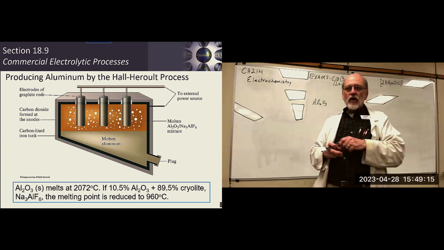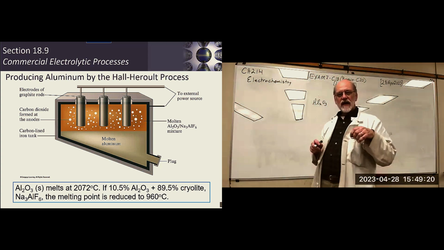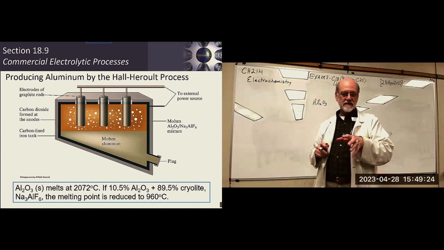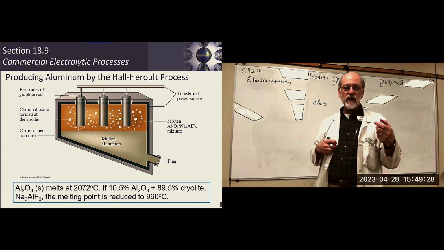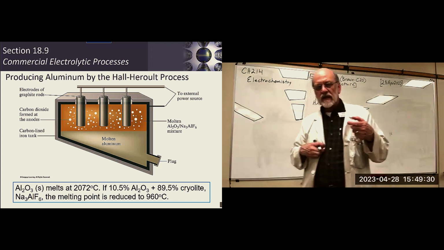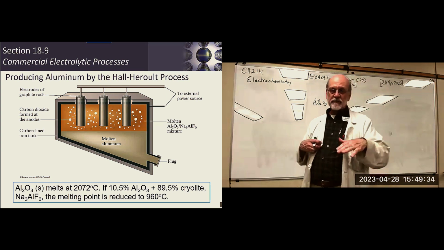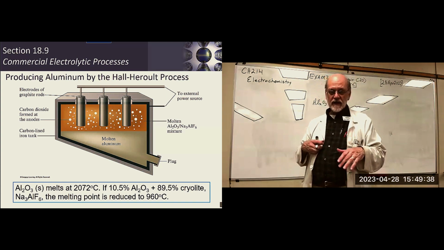So what Hall discovered was if he combined aluminum oxide, about 10%, and the rest of it was cryolite, which is aluminum sodium fluoride, then he could reduce the melting point to less than 1,000 degrees, which is quite an improvement.